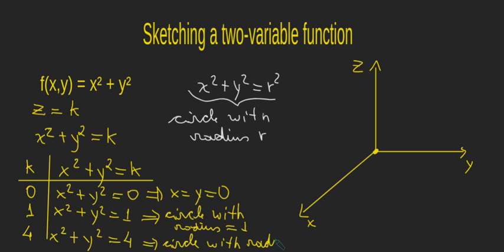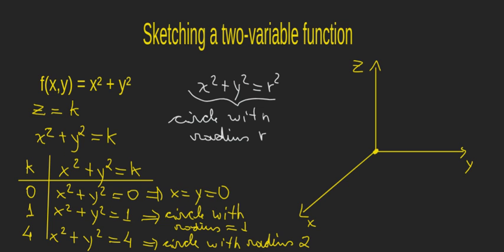Here it is r squared. As this is 4 and 4 is 2 squared, the radius will be 2.